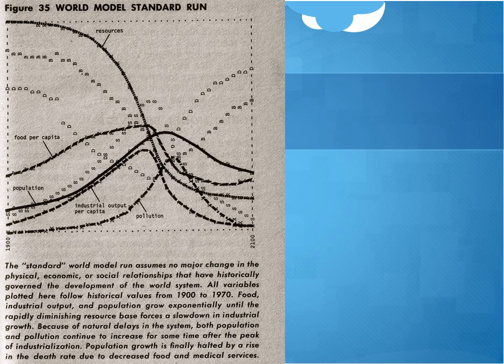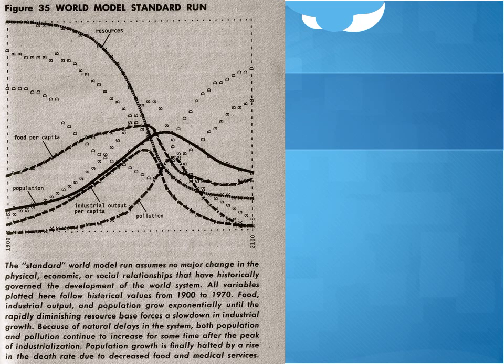So what they did was they looked at what had happened in the world between 1900 and 1970, which is where they cut off the data to develop the models. And then they looked at what would happen over the next 130 years until 2100.